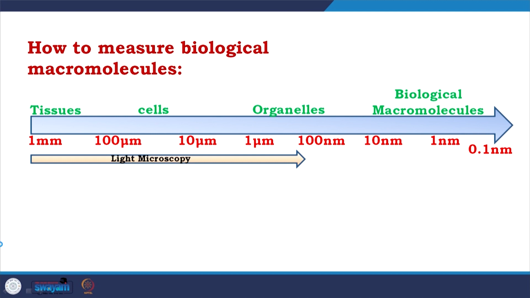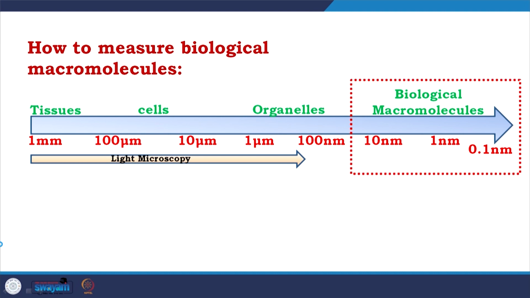Organelles are within the range of 1 micrometer to 100 nanometer. The biological macromolecules come in between 10 nanometer to 0.1 nanometer, and you could easily see that light microscopy could not reach that area. So, how to study them is what the structural biology techniques talk about.